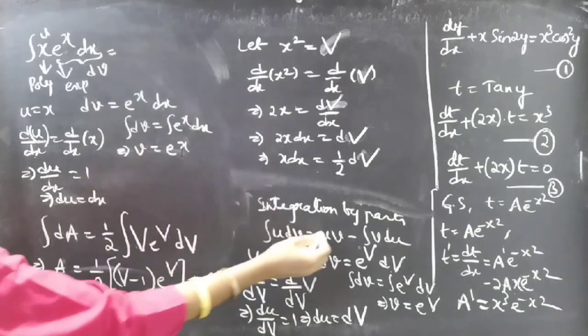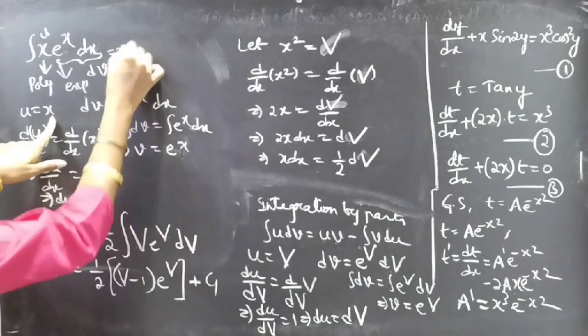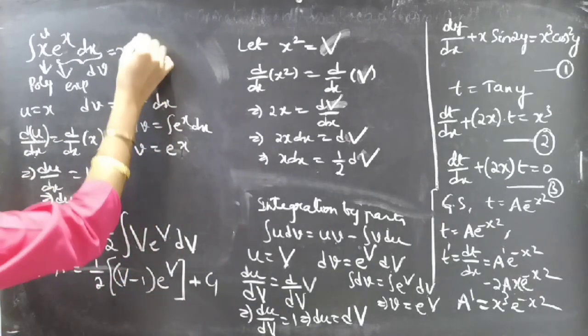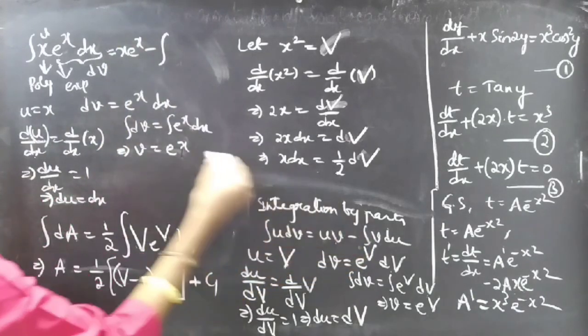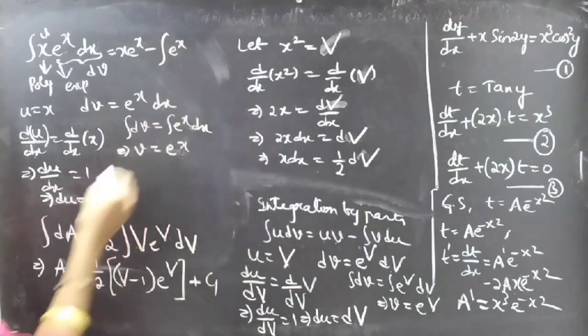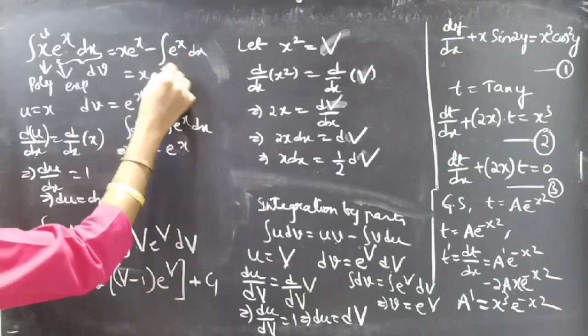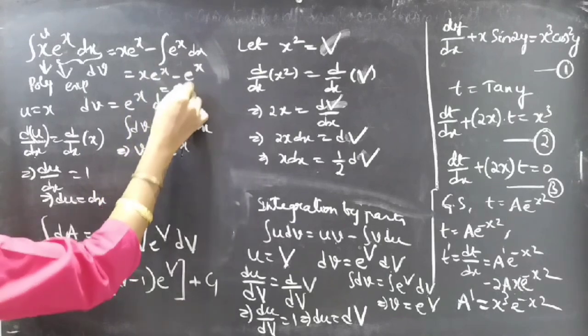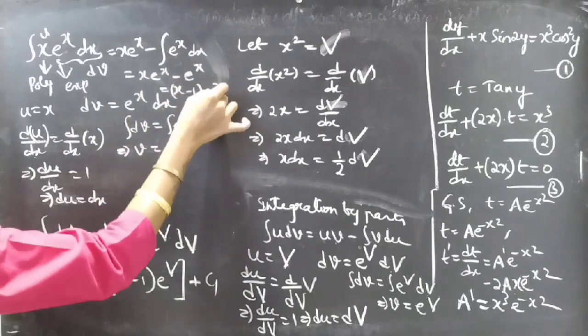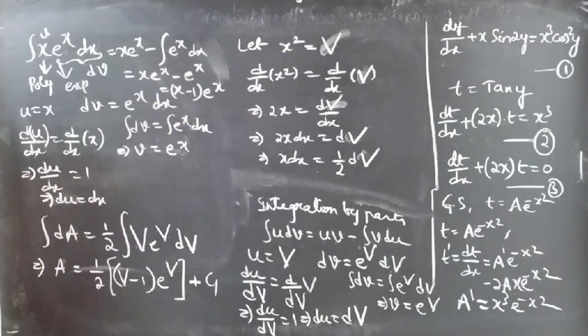We'll get u into v, u is x, into v is e power x, minus integral v, which is e power x, into du, which is dx. From this we'll get x e power x minus e power x, which gives us x minus 1 into e power x if we take e power x common from these two terms. Okay, we got the same thing. No need to get confused with v, p, q, everything.